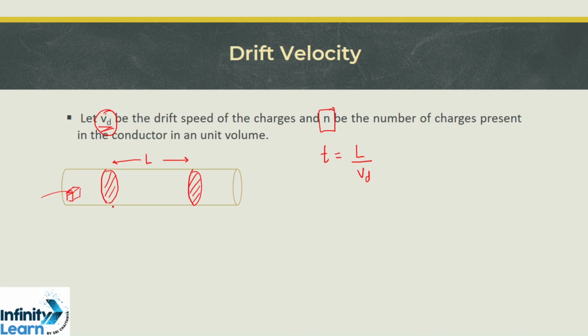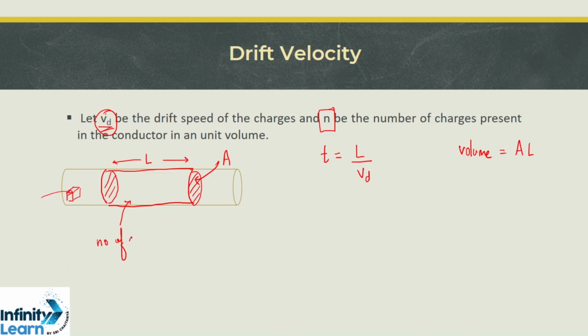The section we have marked has a cylindrical shape, and if this cross sectional area is denoted by A, then the volume of the highlighted section will be area into length, so it will be A into L. What we are trying to find is how many charges are there in this section.